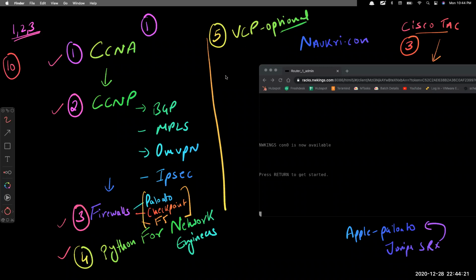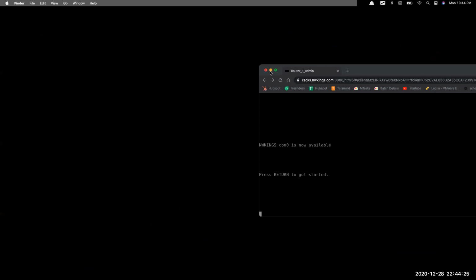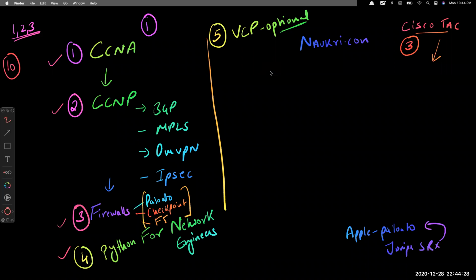I'm telling you this for one reason: all cloud works on virtualization. If you understand virtualization concepts very deeply, then you can go for AWS or Azure, any cloud.